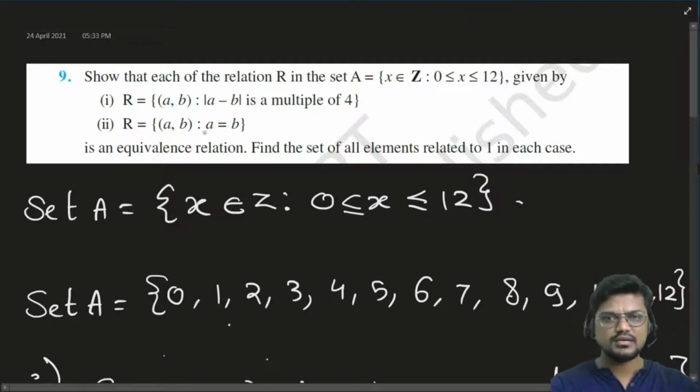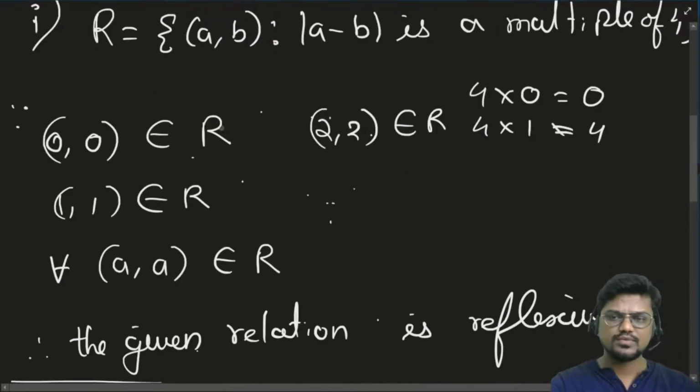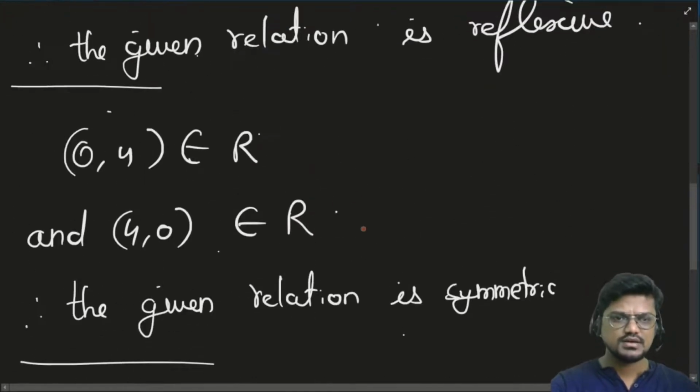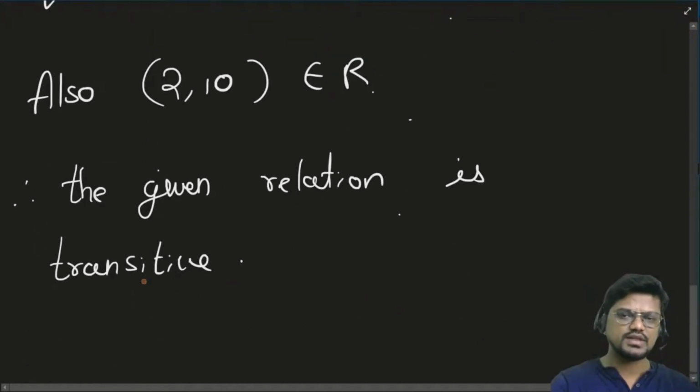See, now we have proved that it is reflexive, we have proved that it is symmetric, and we have also proved that it is transitive.